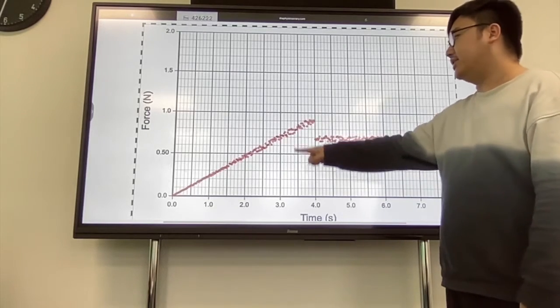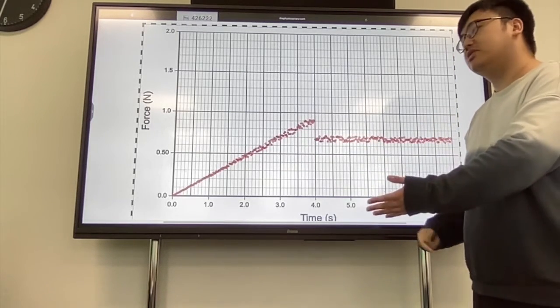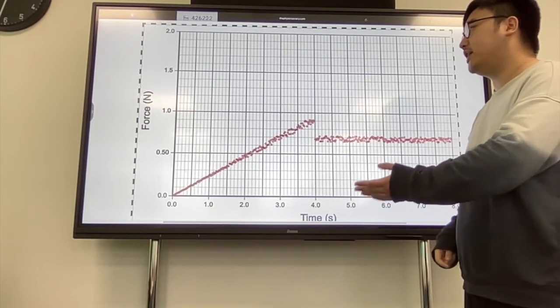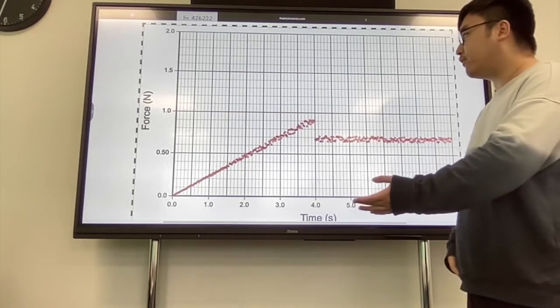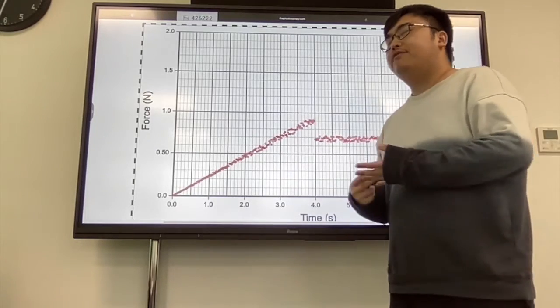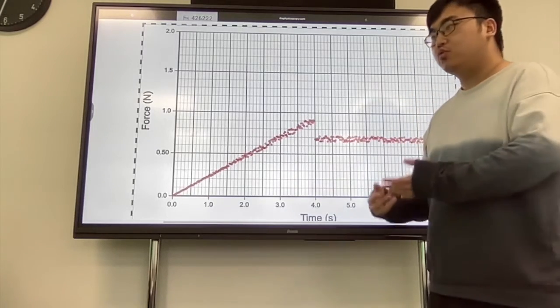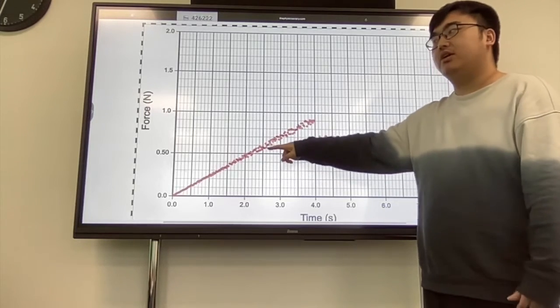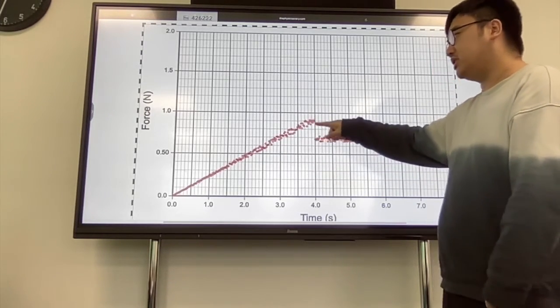What happened here is kind of like what Ethan just talked about: static friction and kinetic friction. We know if we want something to move, we need a force bigger than the static friction.